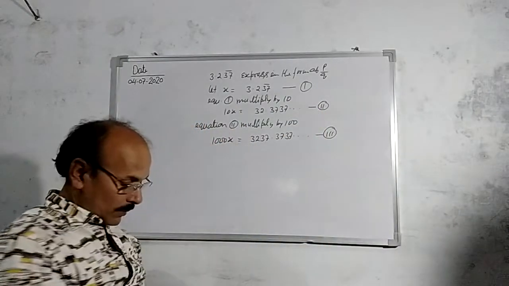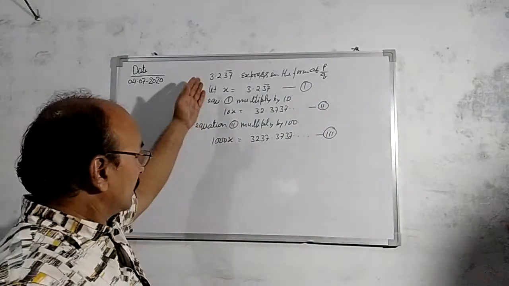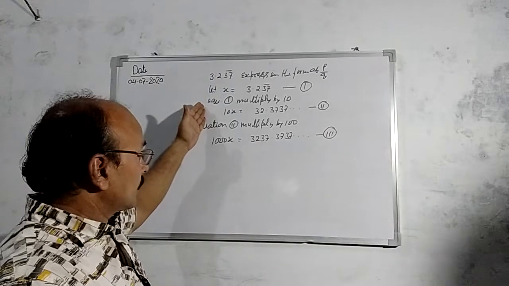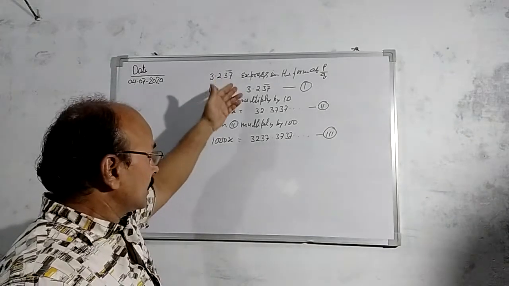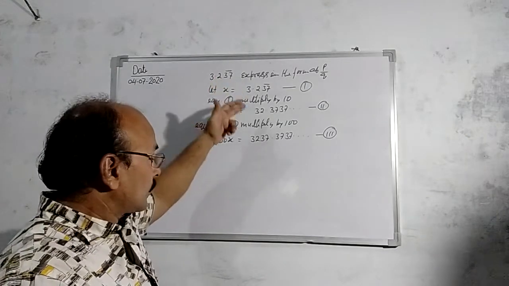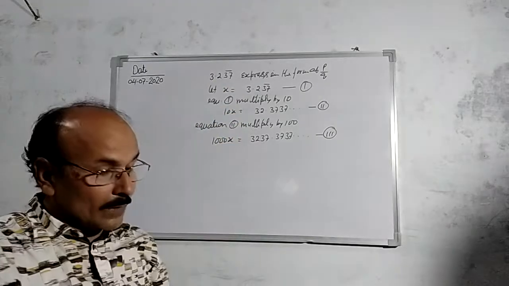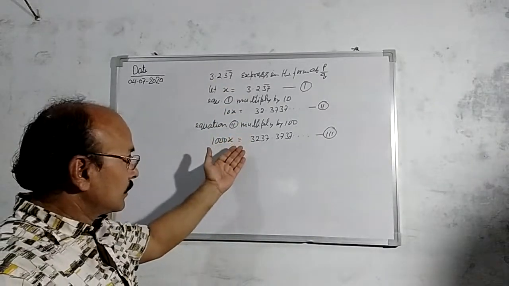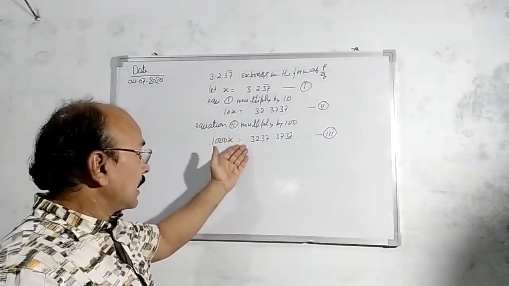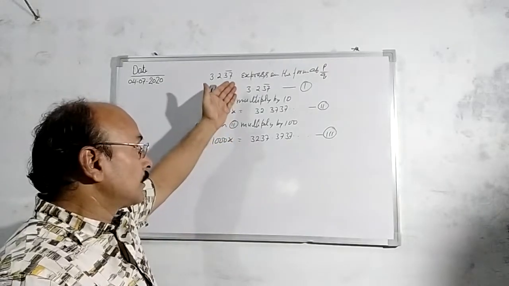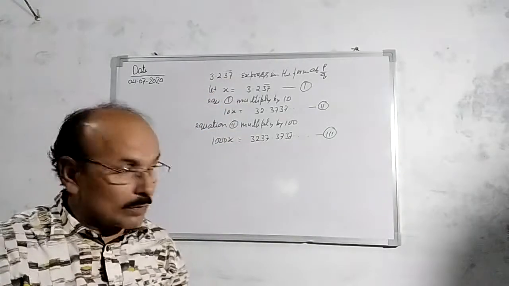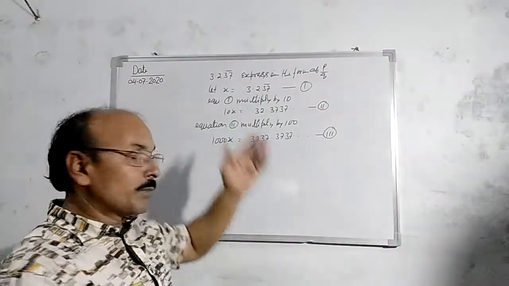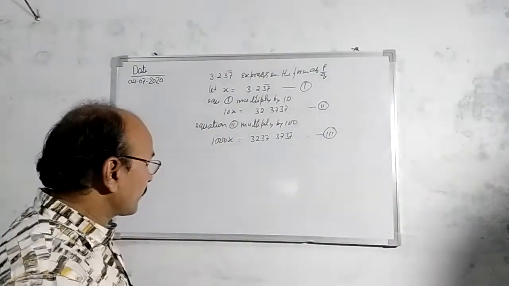So in this type of question, you see here, you get three equations: equation 1, equation 2 and equation 3. In the previous examples you saw that you got only two equations, but in this example you get three equations.